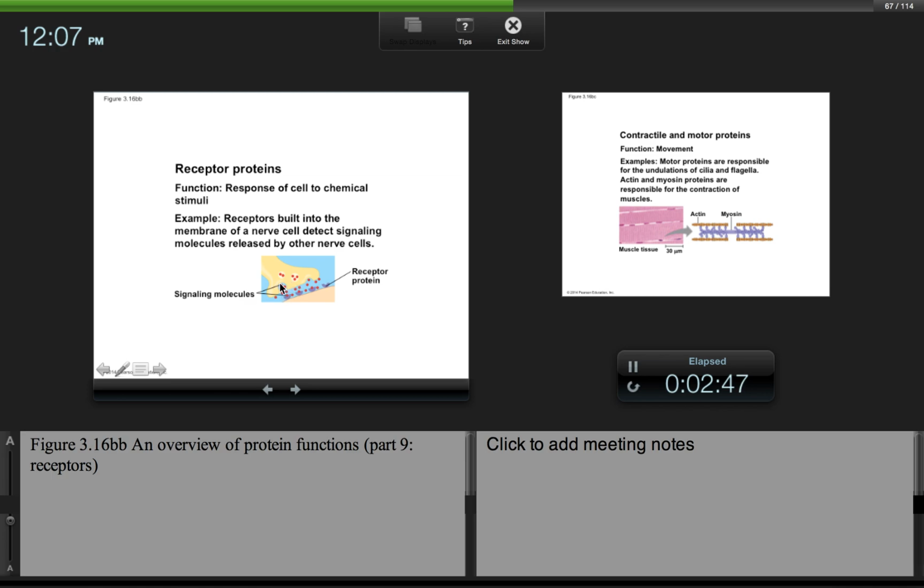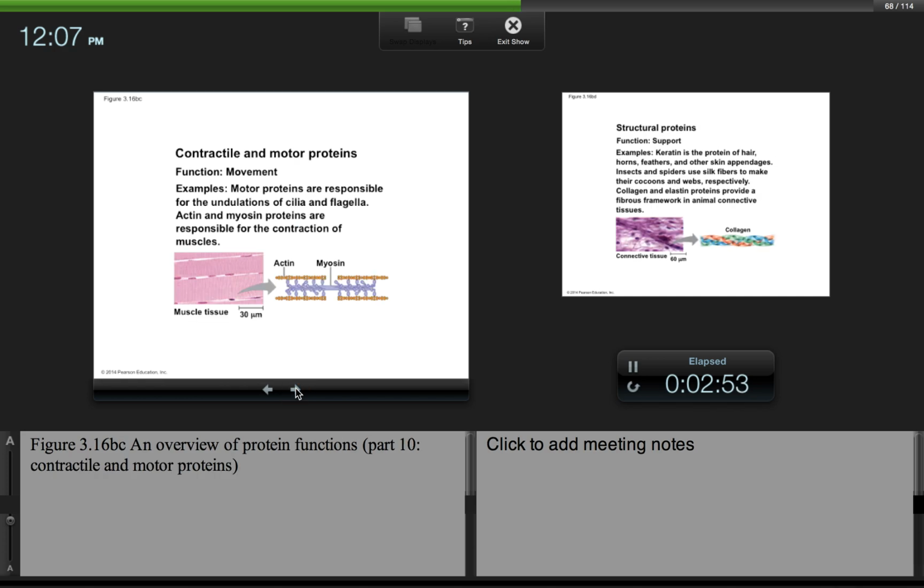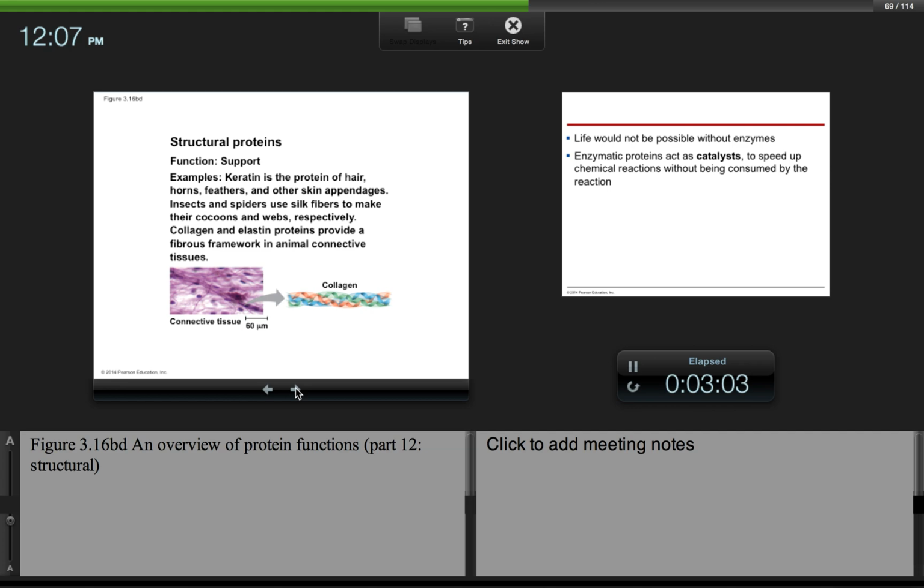Remember that those signaling molecules are very specific to the receptors. You have contractile and motor proteins such as actin and myosin, which make up your muscle tissue. And then you have structural proteins which provide support, such as keratin, which is the protein of your hair, horns, feathers, and other skin appendages.